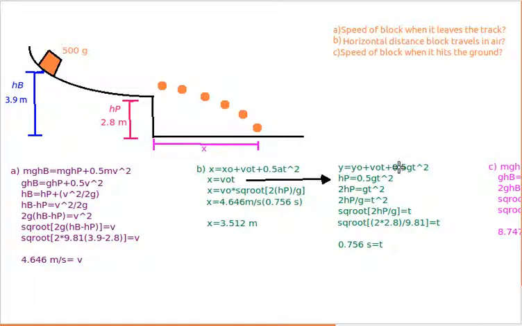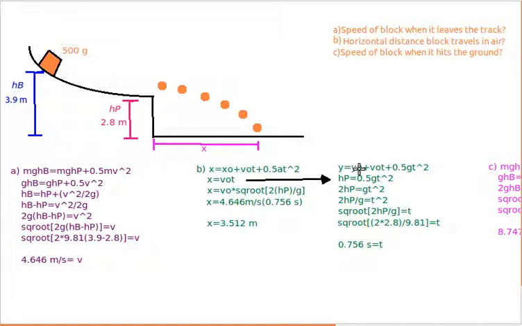So we can use the same equation, and I switched the y to being HP because technically that's what it is. The y distance is the height. And here what we're canceling out is the velocity, because for the y direction there's 0 initial velocity. So we can cancel that out, and again cancel out y initial, and that leaves us with half g times t squared, because in this case our acceleration is gravity.